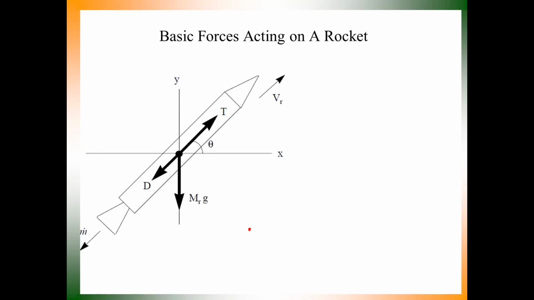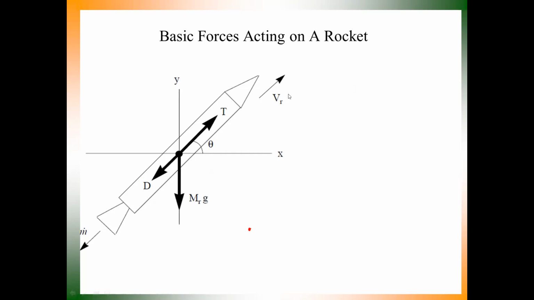So these are the four forces: one is thrust force, the second is drag force, another is the weight of the object, and there may also be other aerodynamic forces. There is no lift here, since lift comes from the wings. So the fundamental forces in the case of a rocket are thrust, drag and weight.